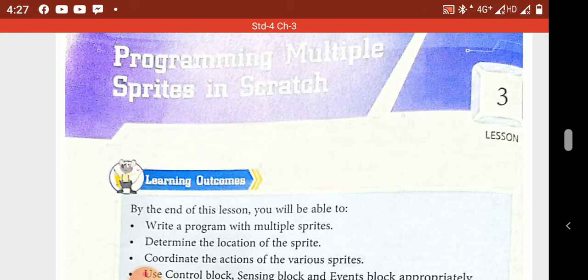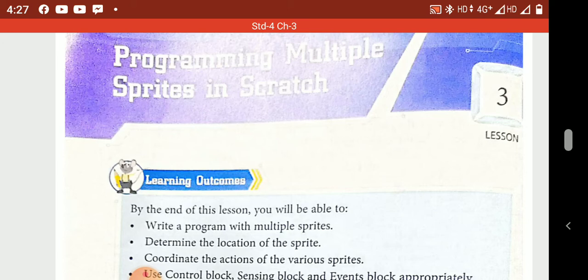It means a sprite is a Scratch object, controlled by some script or function. Okay, so do you know the meaning of Scratch? Scratch is a programming language.